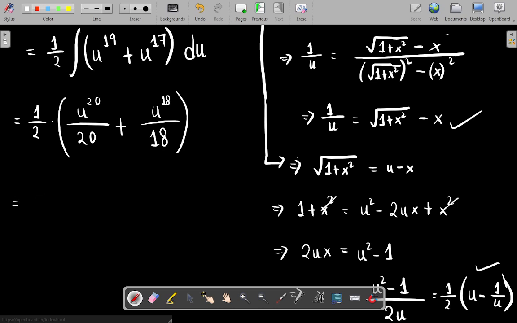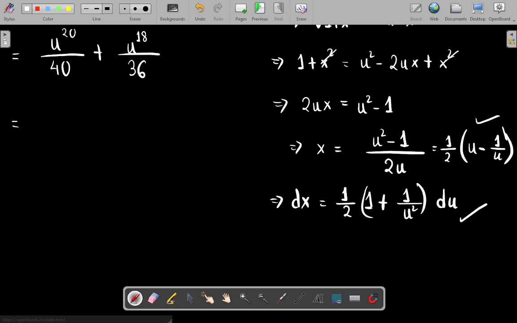So if we do the LCM in this step, or instead of doing the LCM, let us just multiply each of these terms with 2 beforehand. Okay, so this first term will become u to the power 20 upon 40, plus this will become u to the power 18 upon 18 times 2 is 36, right?